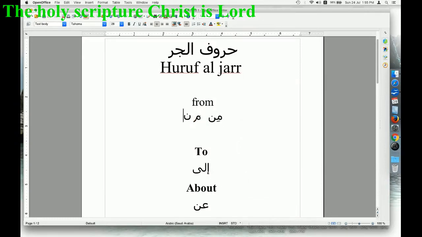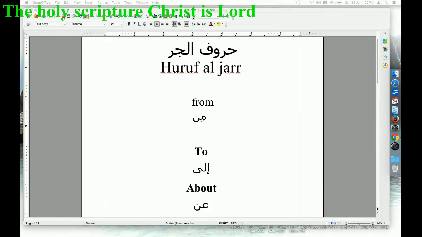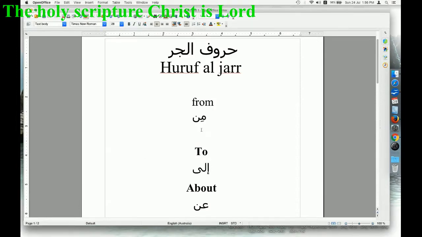So now we will make a sentence. It's the same as using the word "from" in English, no different really. So you want to say somebody went out, he left from home.